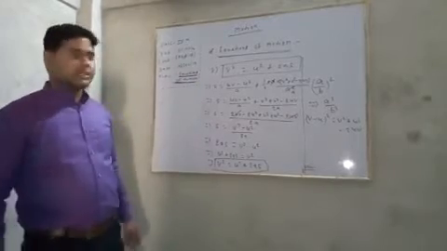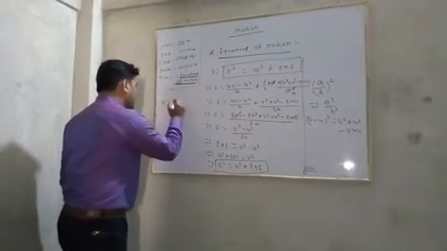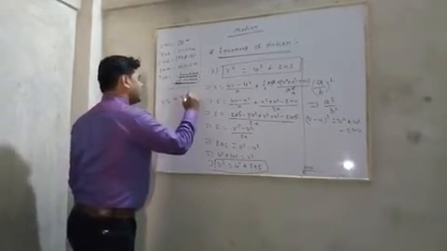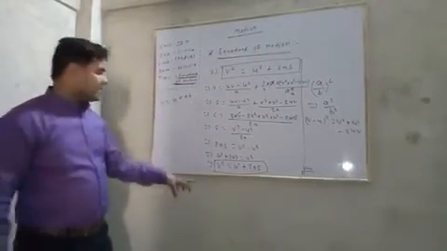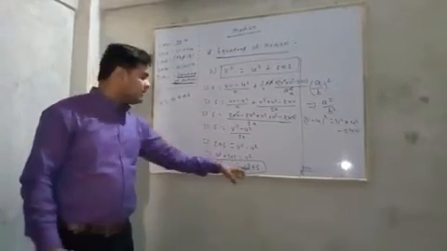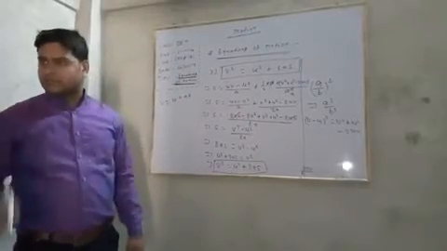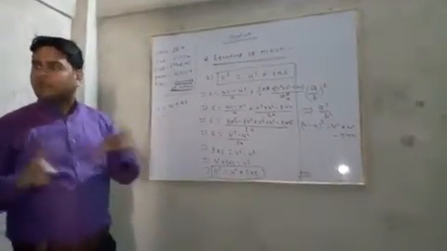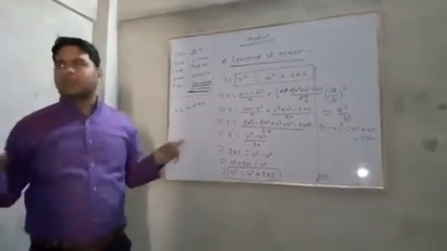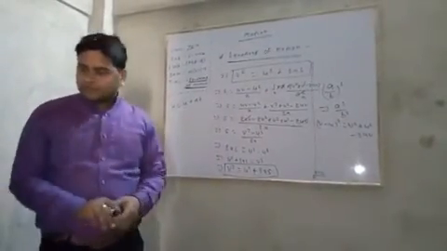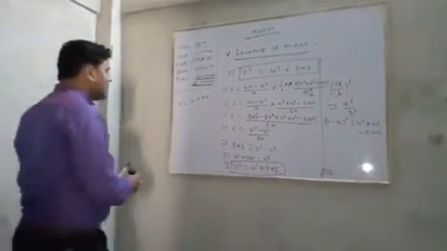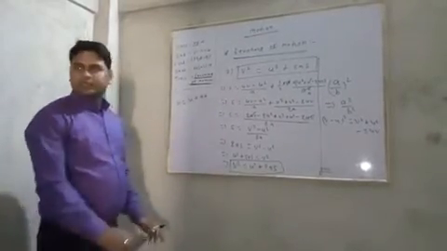First equation of motion, V is equal to U plus AT, gives the velocity in time t. But third equation of motion gives velocity in distance traveled. It is the slight difference between first equation and third equation of motion. Is it clear? Yes, sir. Now I can erase it.